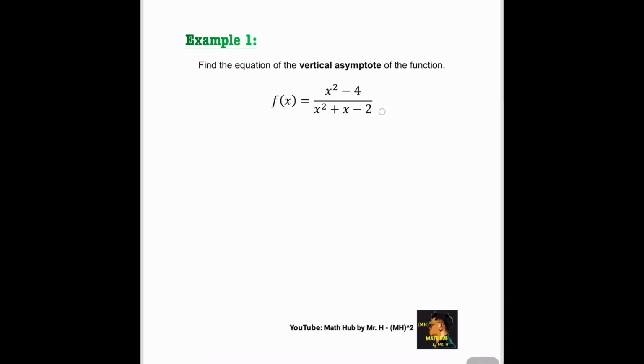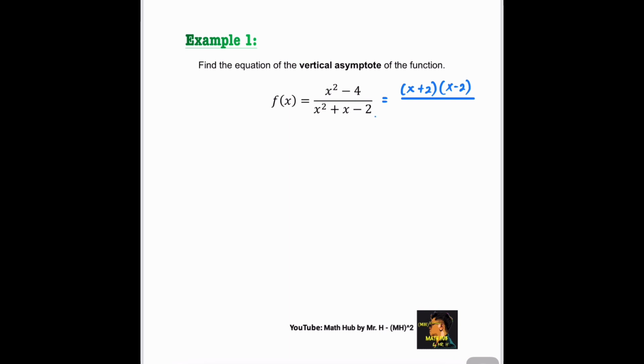After doing the factorization, that's when we equate the denominator to 0. Let's take a look at the numerator first. The numerator is x squared minus 4. This binomial can be factored into x plus 2 and x minus 2.